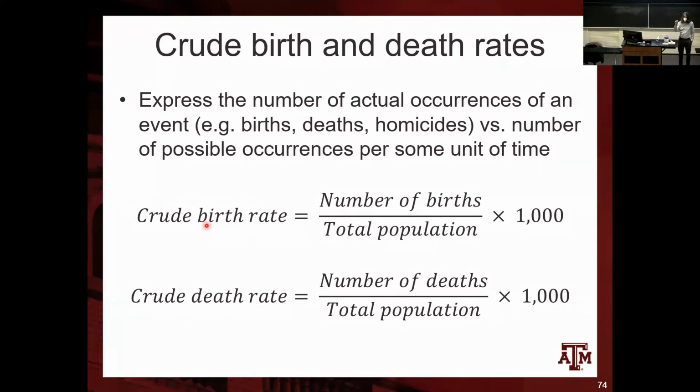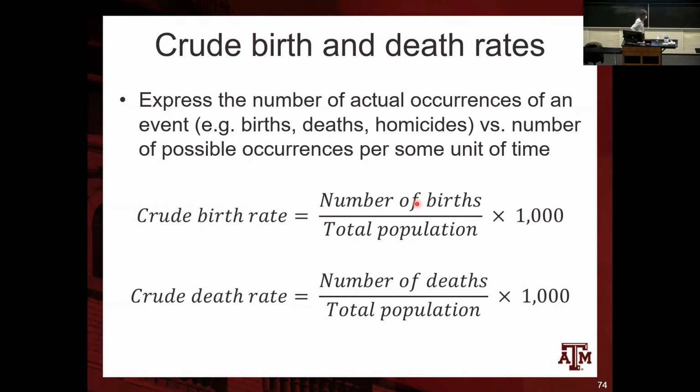Birth rate: denominator, men and women. Fertility rate: denominator, only women. Reproduction rate: denominator, only women, and numerator, only births of girls. So that's the difference between birth rates, fertility rates, and reproduction rates that we're going to discuss in more detail throughout the semester.